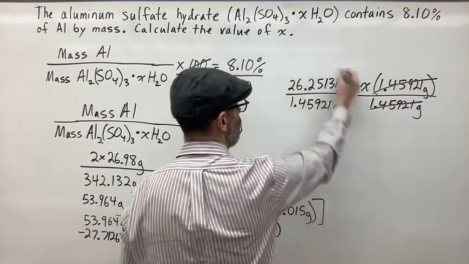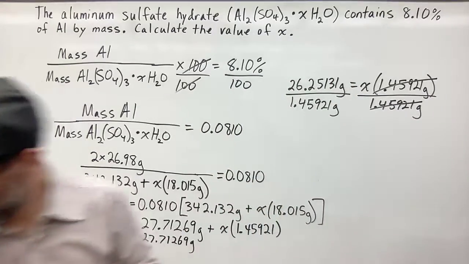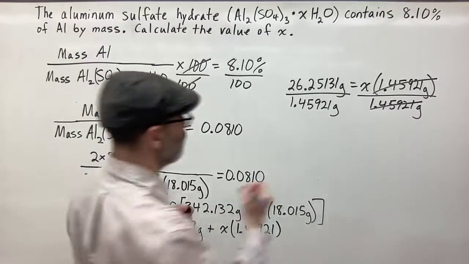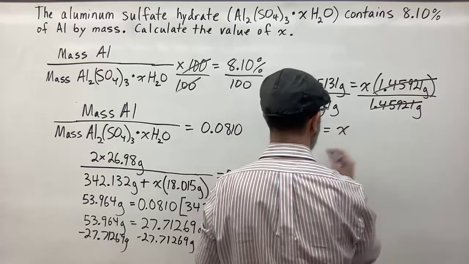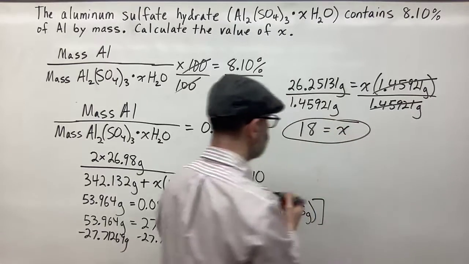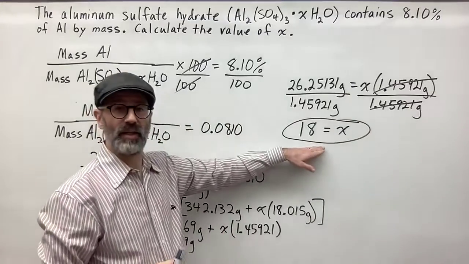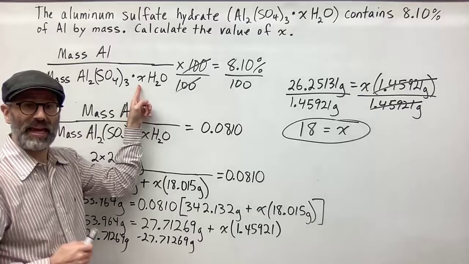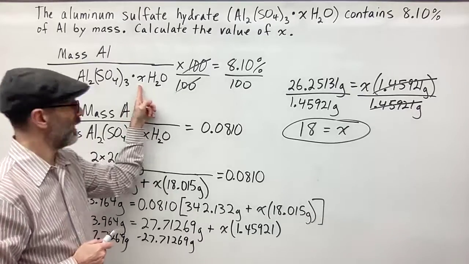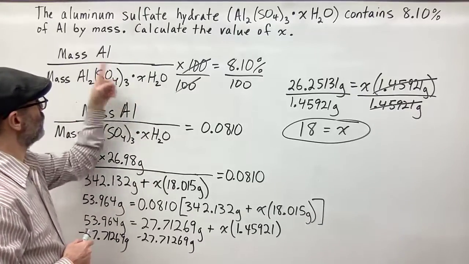And then I calculate this, and when I do, I get 18 is equal to X. So that tells me that I have 18 water molecules in my substance.